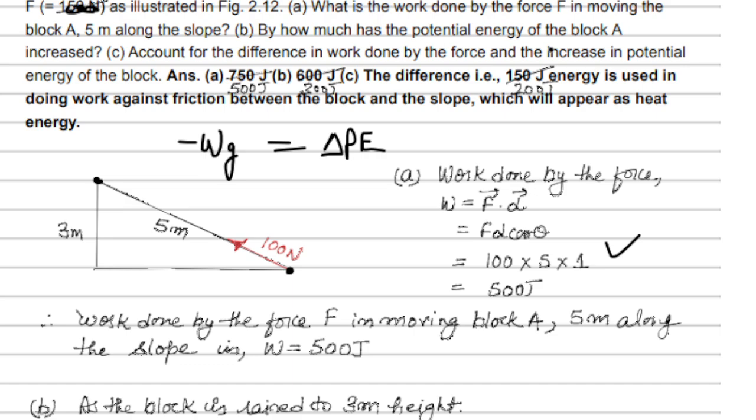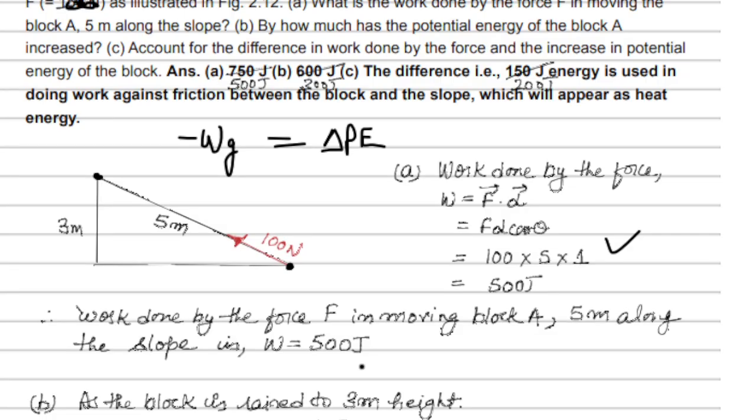Account for the difference in work done by the force and the increase in potential energy of the block. So we have done 500 joules of work, but the potential energy has increased by only 300 joules. So now they are asking where the remaining 200 joules went. It may have gone into friction, sound, other kinds of dissipation of energy.